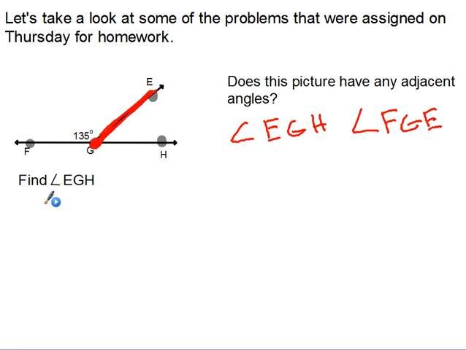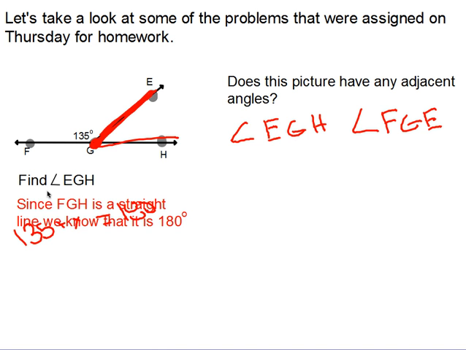So now it says find EGH. We know that this is a straight line, so we know it's going to equal 180 degrees. We know 135, and we don't know EGH. So, just like we said yesterday in our angles day 1, FGH is a straight line, so we know that it's 180 degrees.